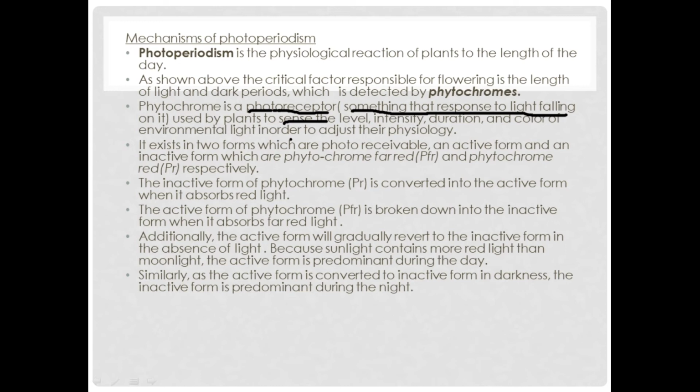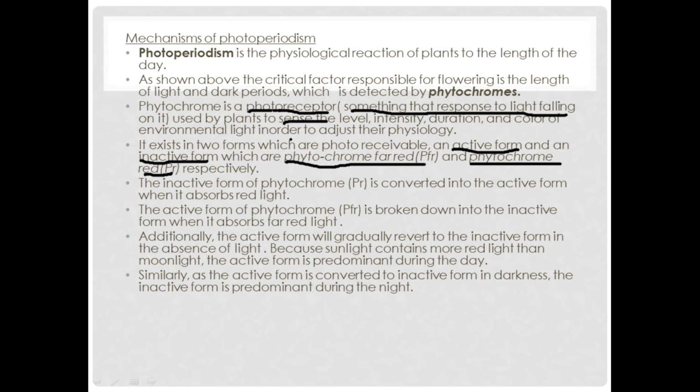There is an active form of phytochrome that is known as phytochrome far red. And there is an inactive form of phytochrome that is known as phytochrome red, or PR in short.